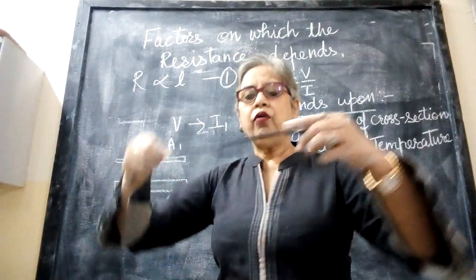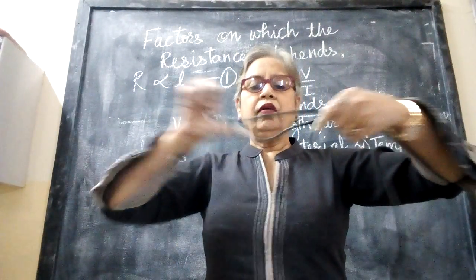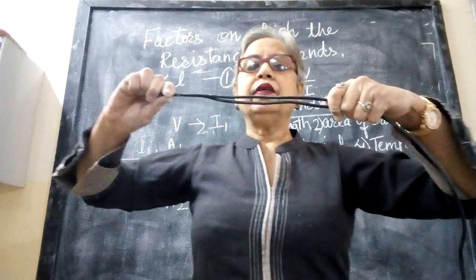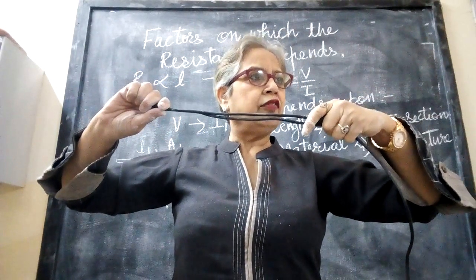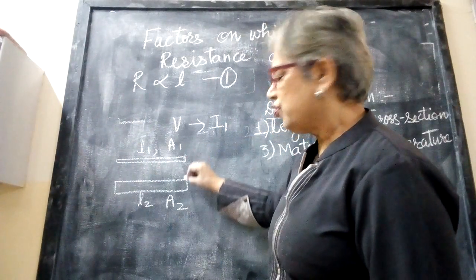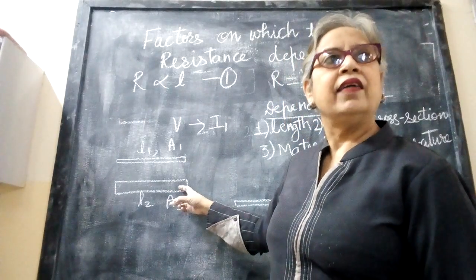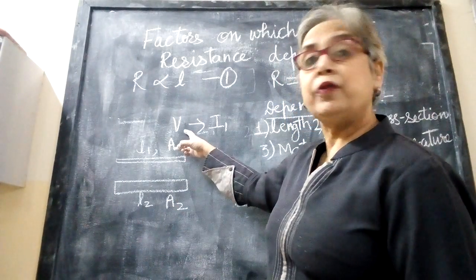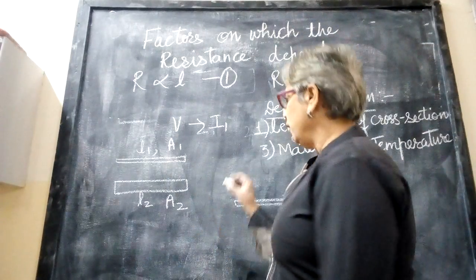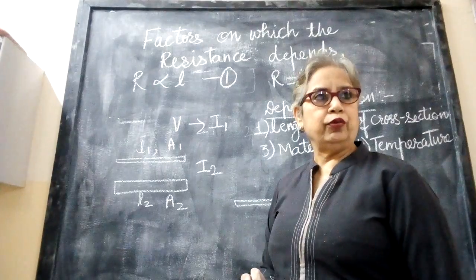Okay. Now I double the wire. Now I have increased the area of cross section, right, by folding the wire on its length. So the length is now the same, but the cross sectional area has increased. I keep the voltage same, material same, temperature same, and I note down I2.